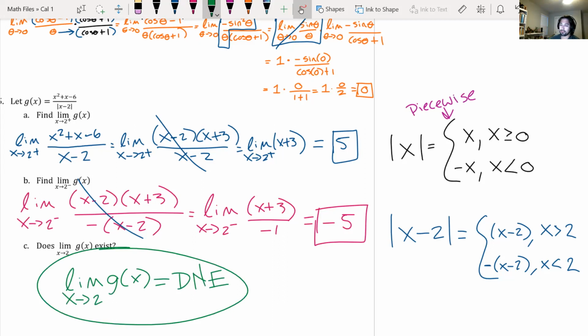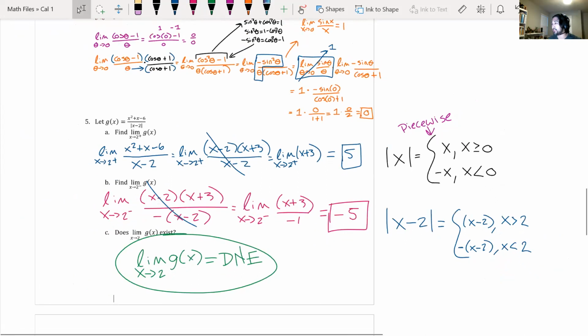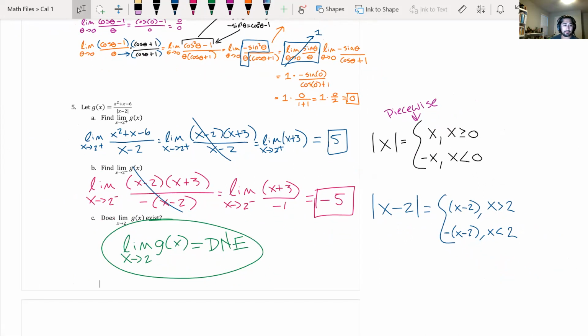There you go. And that was a small lesson on piecewise functions and absolute values. I have a question. So if we run across an equation like this with the absolute value in the denominator, and it asks us if the limit of g of x exists, does that mean we would have to do A and B?